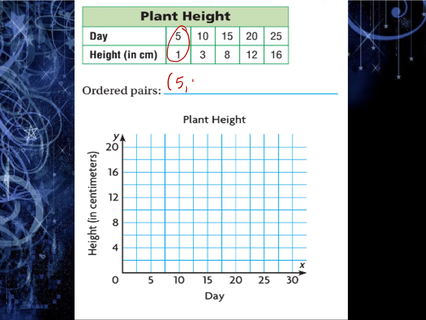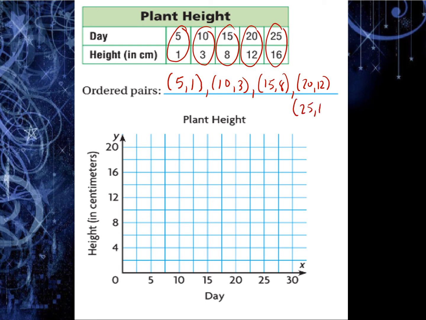So 5, 1. Day 10, it was 3 centimeters. 10, 3. Day 15, it was 8 centimeters. 15, 8. Day 20, 12 centimeters. And day 25, it was 16 centimeters.